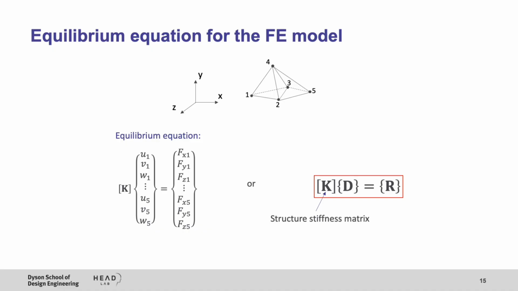Here I have shown a model made of two solid elements. The equilibrium equation is as what we have seen before for beam and truss FE models. The vector of nodal displacements contains translations at nodes, and the vector of nodal forces contains the external forces applied to the nodes.